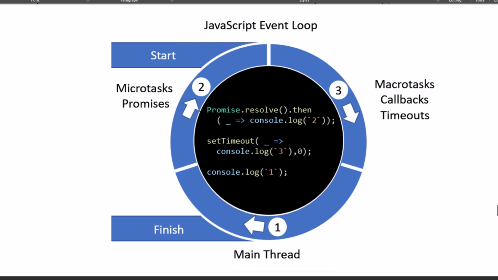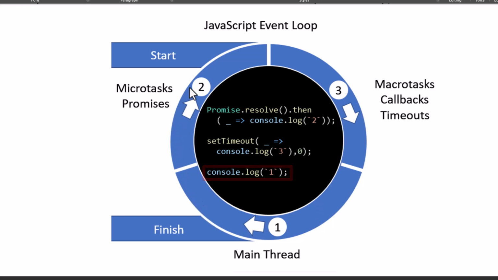Now, to understand why that occurred in that order, we have to understand the JavaScript event loop, because there are essentially 3 levels to the way this executes. Our test executes and starts first, and regardless of what we may have done, setting up a promise or setting a timeout, the first thing that always executes is whatever's in the main thread in our first loop.